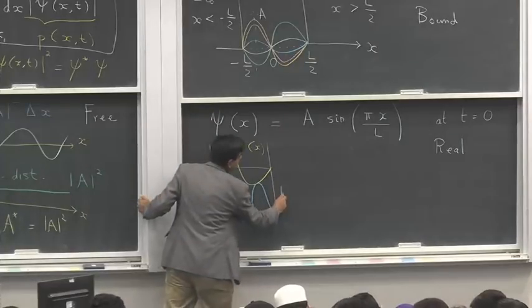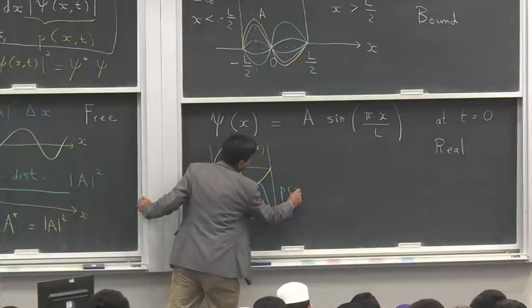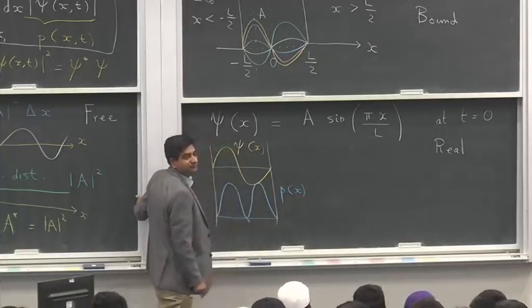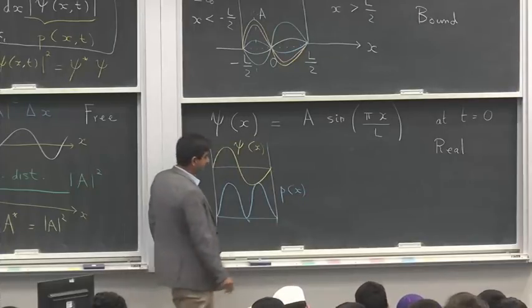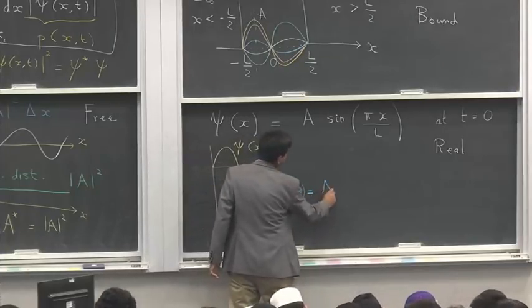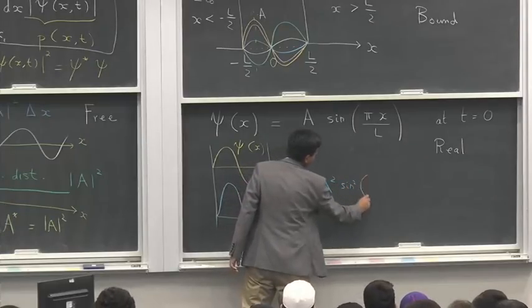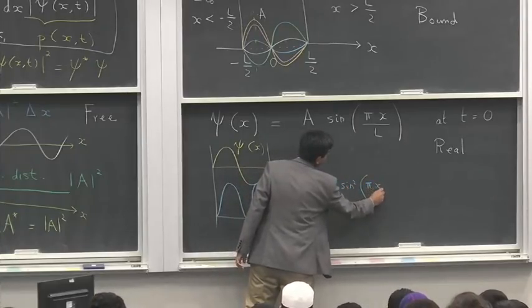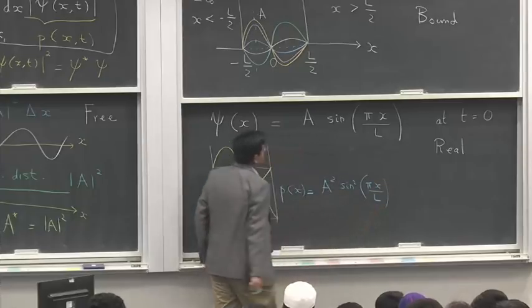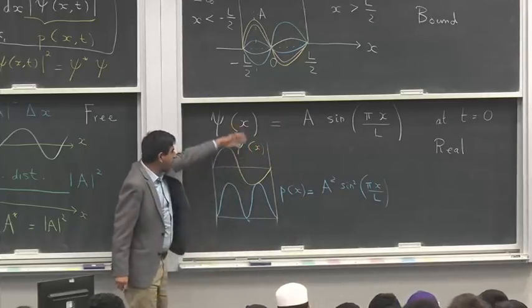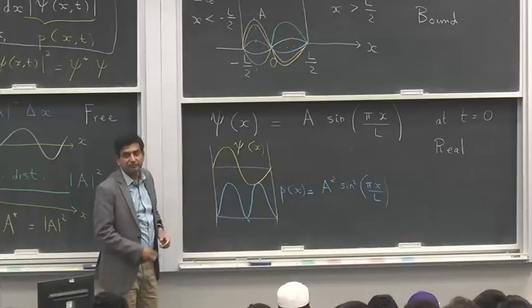So this is a picture of small p of x, the probability density, which is a squared sine squared pi x over L, just the modulus squared of this function.